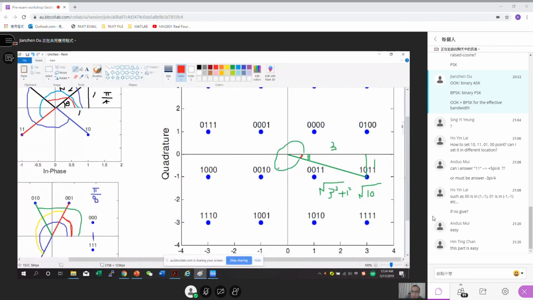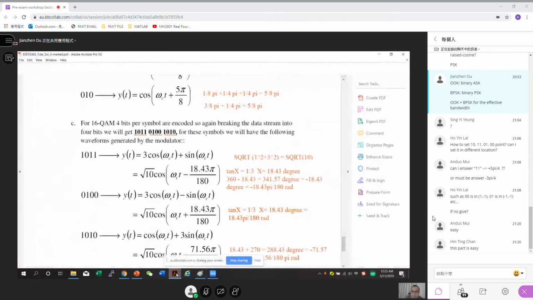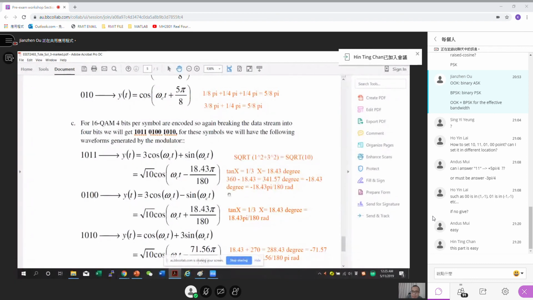Then how about the whole angle completely? It's going to be 360 degrees because it's a round, right? Minus 18.43 degrees, it becomes 341.57 degrees. This is in degrees. Then it's equal to minus 18.43 degrees because this is the conversion.